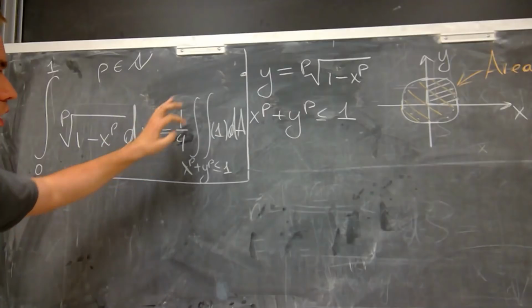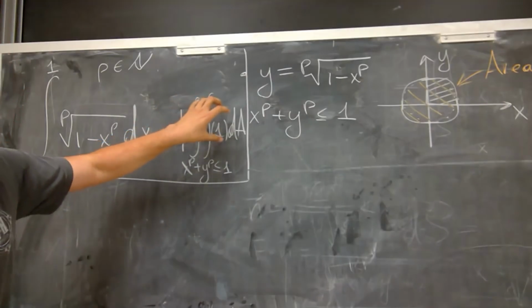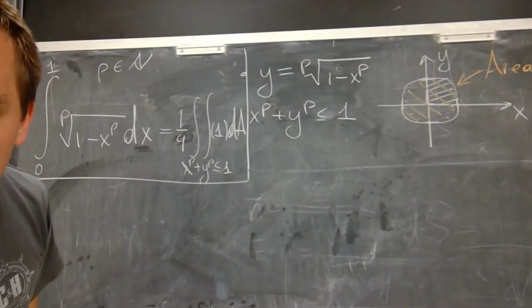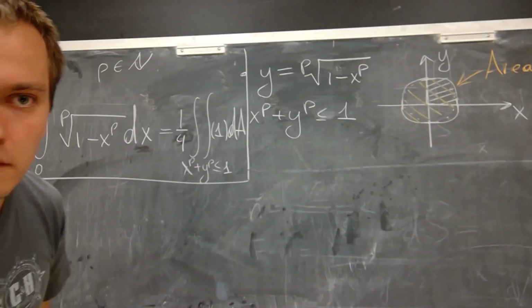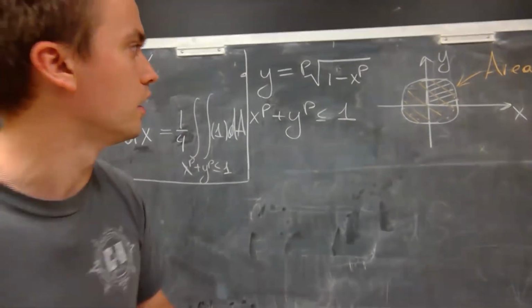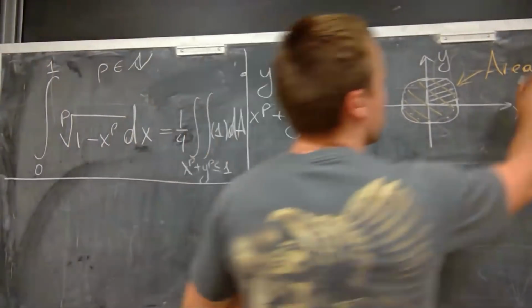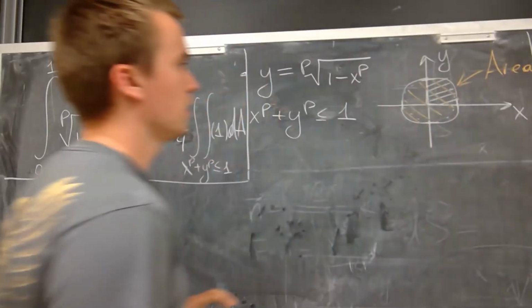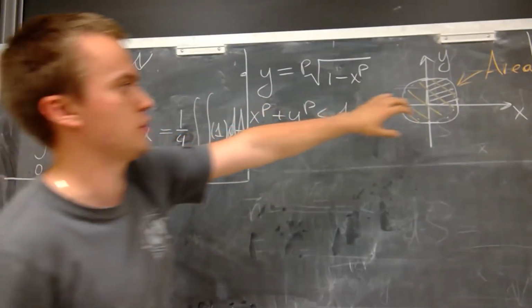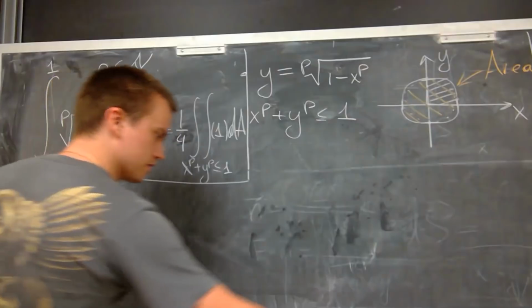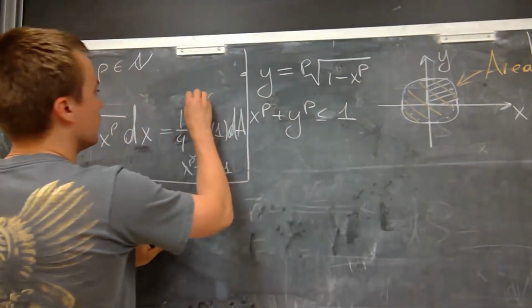Right now, I want to compute this double integral. Sorry, the integral that I brought over here. So the integral that is represented by area is going to be this integral.